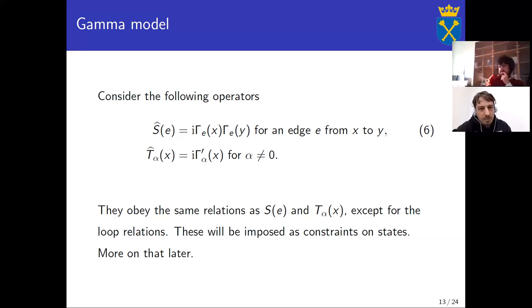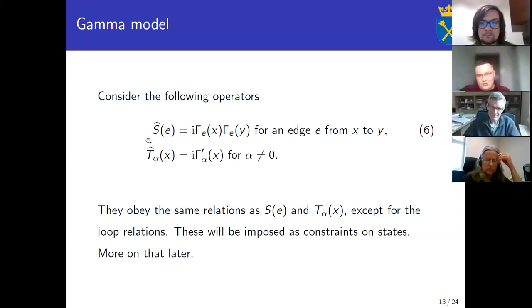So you want to know that solutions of these constraints exist, and also that if you act with these operators S hat and T hat alpha on solutions of constraints, you don't go out of the constraint subspace. So on this subspace, you really get a representation. So this is not a priori obvious. Yeah, definitely.